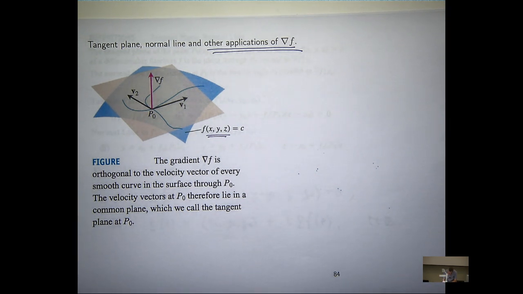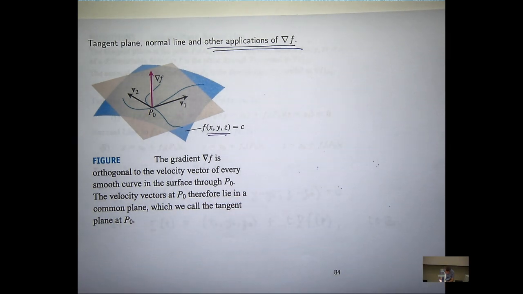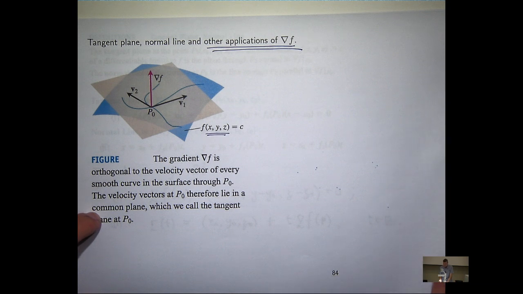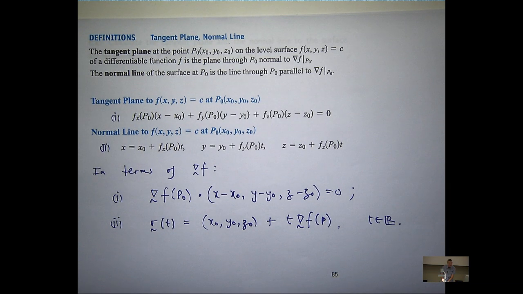For example, once you have a normal vector and a point where it's touching the surface, you can generate the equation for the tangent plane. I'm not going to prove this, but it's very similar to the case where we had the level curves and I sketched the proof that the gradient was normal to those curves.